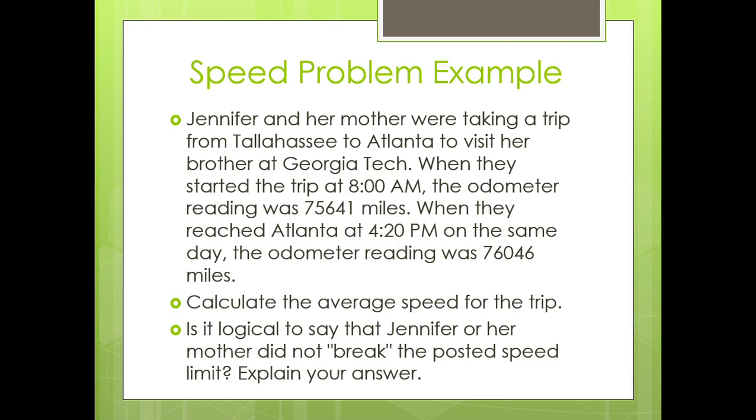When they reached Atlanta at 4:20 p.m. on the same day, the odometer reading was 76,046 miles. It says: calculate the average speed for the trip. Is it logical to say that Jennifer or her mother did not break the posted speed limit? Explain your answer.